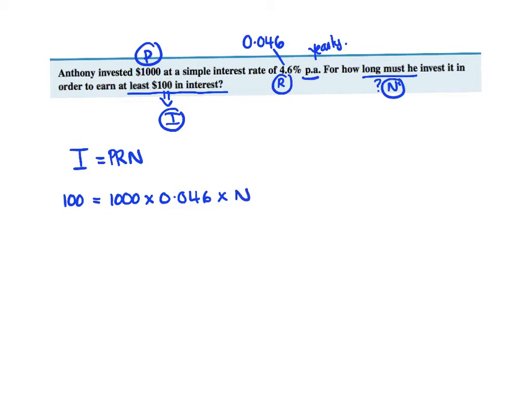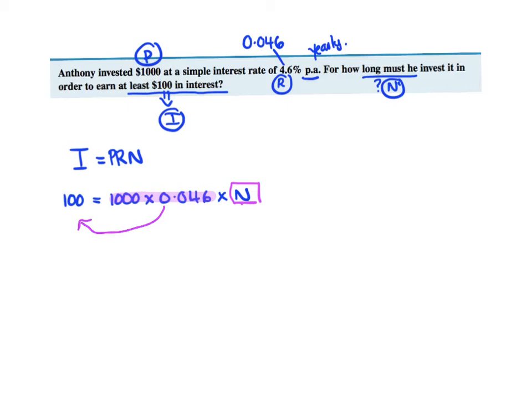So if you're trying to find N, we just really want to get this one by itself. So that means you want to move these two, which are timesing over here, back over the equal sign to get this N by itself.